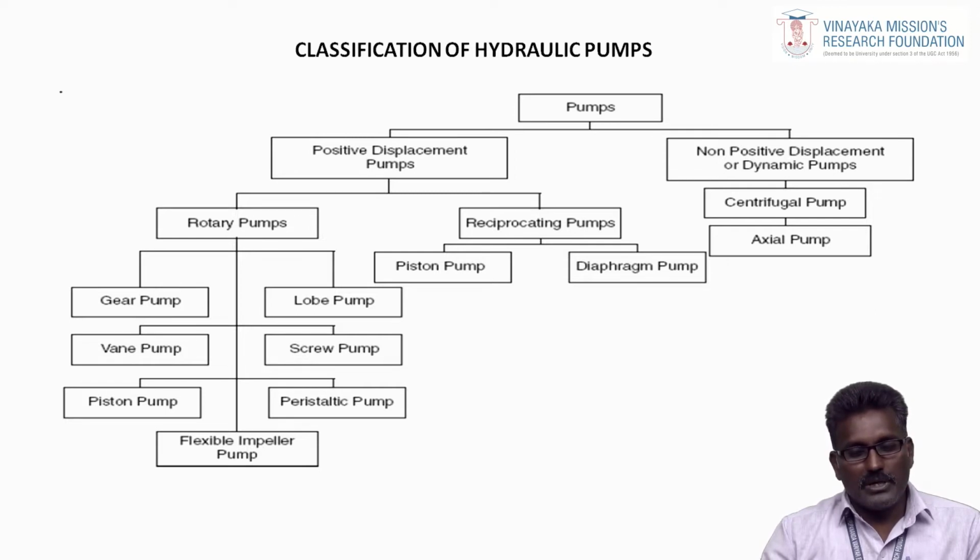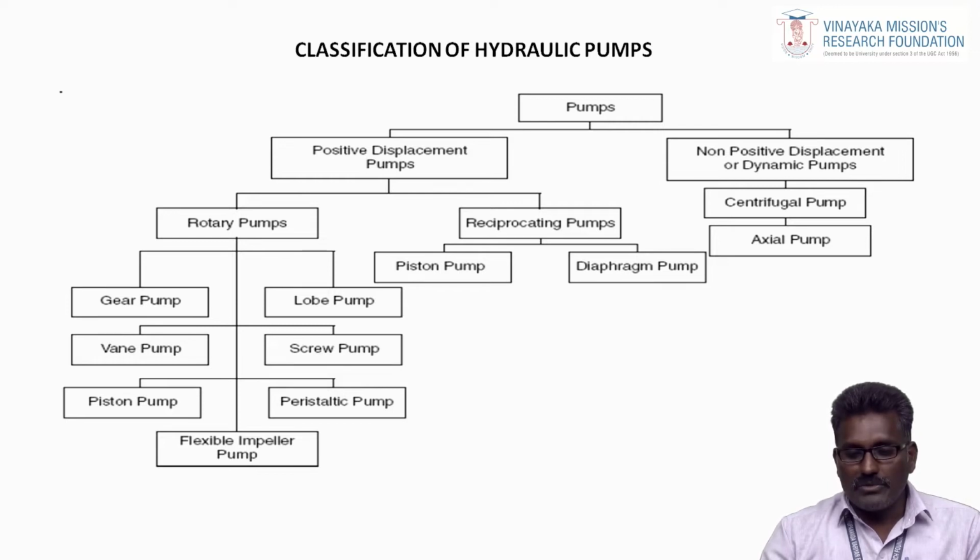The centrifugal pump produces a huge quantity of flow, but it is not able to pressurize much. Centrifugal pumps are widely used in irrigation in the agriculture field, and in thermal power stations for pumping water to boilers, and many more applications.